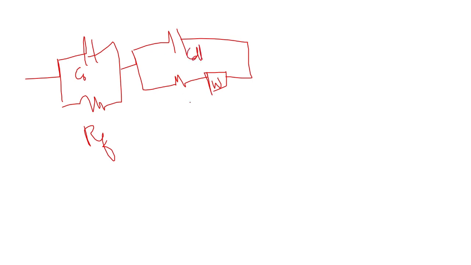Another case is when the film is conducting and moderately dielectric. In that case you will see something like this. Sir has explained those in the slides, so you can expect such questions where the model is described. This part is because of the film, and this is at the electrode electrolyte interface.